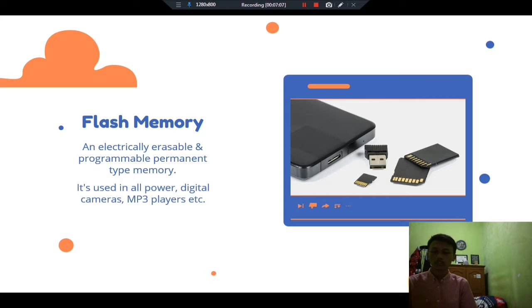The flash memory used in all-power digital cameras, MP3 player, and other. We get to know about anatomy of computer, which is brought by Jalalul Mukti.